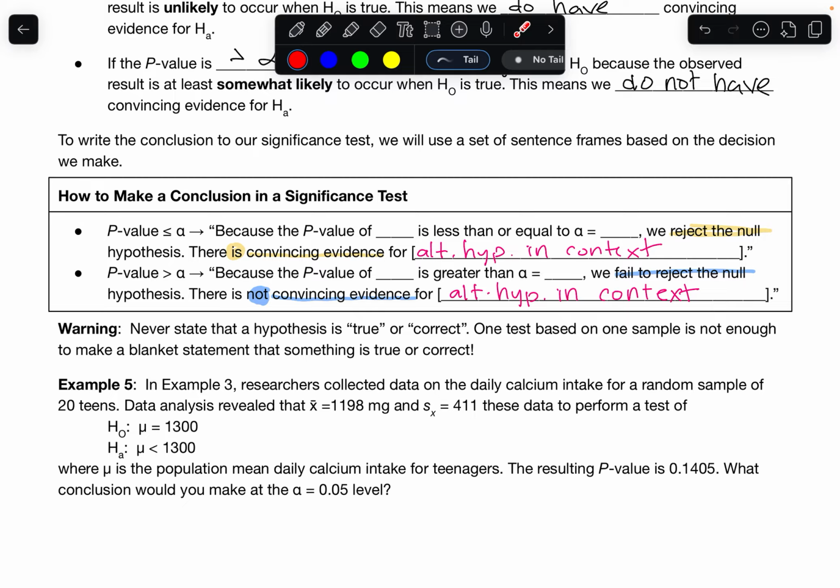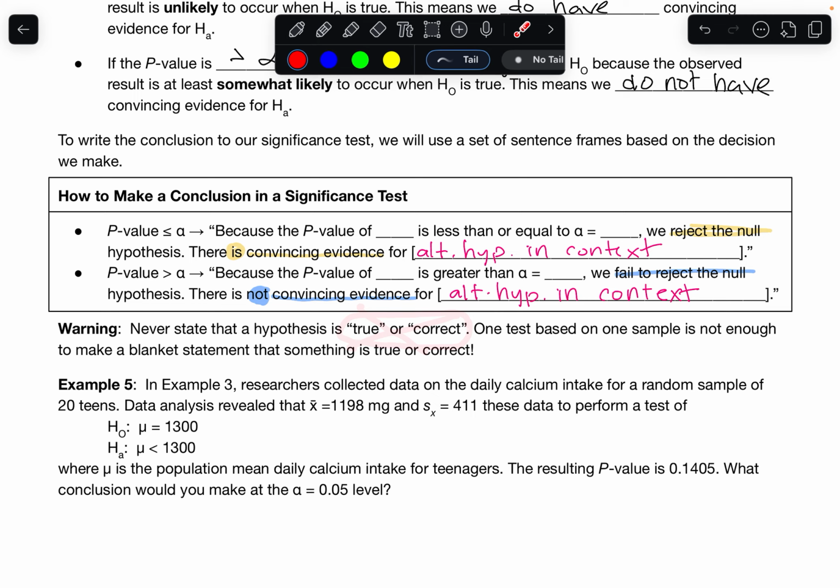We cannot make a definitive statement based on one sample about whether something is fact or not. So when you are writing your conclusions, you should never use the phrases true or correct. If I see those on your assignment, I am going to deduct points. That is a big no-no, and I see it every year.